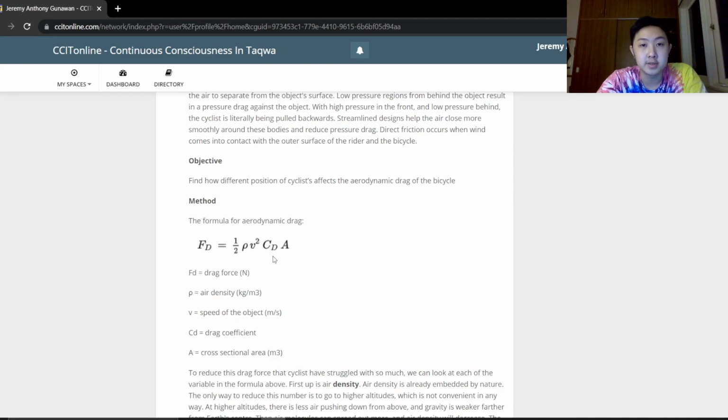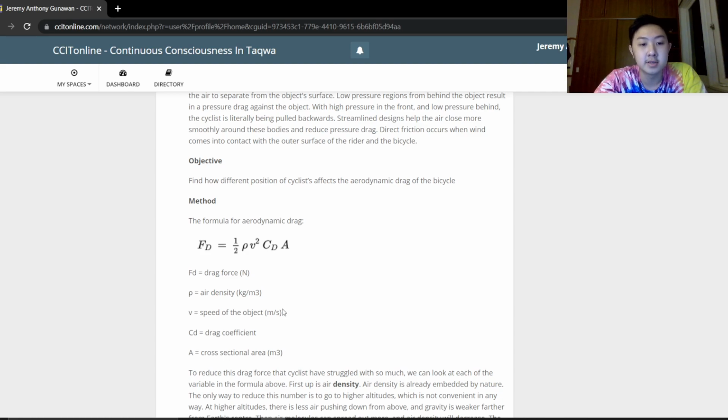In the case of a bicycle, I will put the variables into bicycle terms. The drag force is the one we will find the relationship for, which means the force that's holding the cyclist back. The density is the air density; it's actually the fluid density, but because we're running through air, we pick the air density.